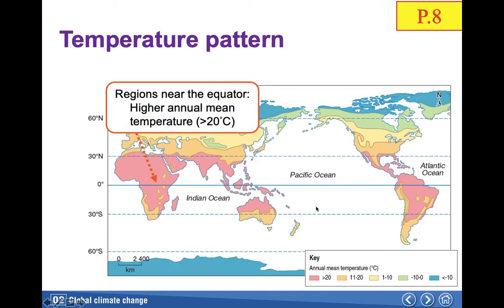Okay, so from here you can see that regions near the equator, 0 degree here, which we call the equator, get a higher annual mean temperature of over 20 degrees Celsius.